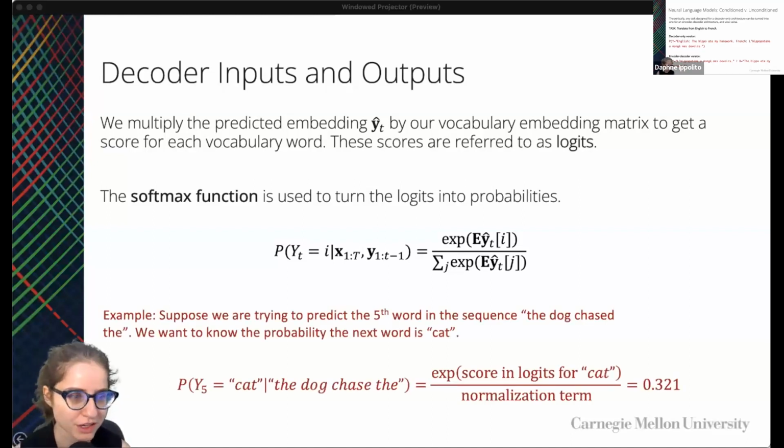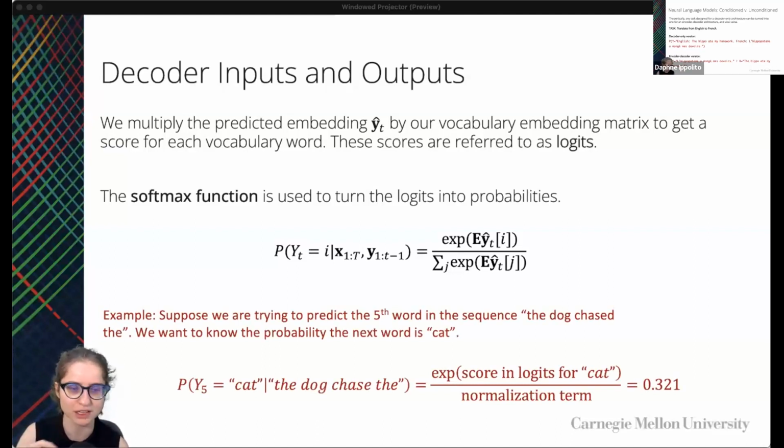As a concrete example, suppose we are trying to predict the 5th word in the sequence "the dog chased the", and we want to know the probability that the next word is cat. We could say that the probability that the next word is cat, given the sequence, is equal to e to the score in the Logits for cat.